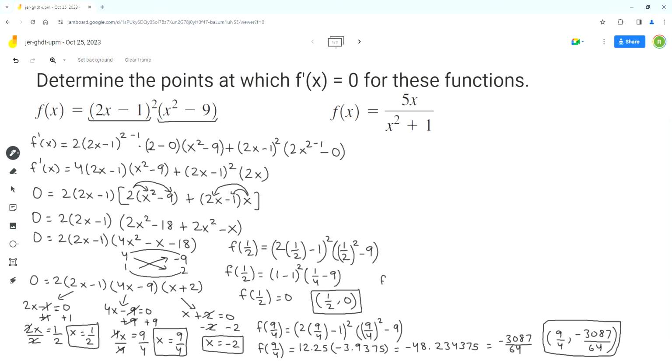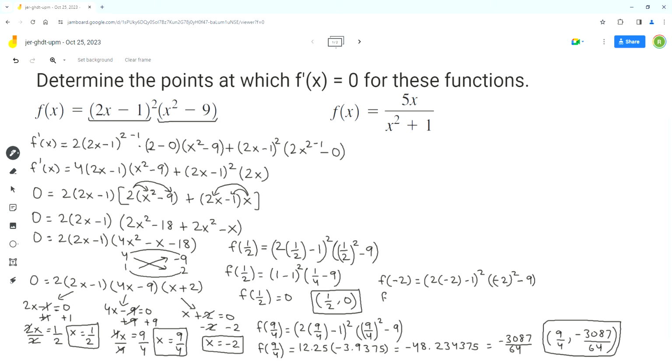So f at negative 2 equals negative 2 minus 1 squared times negative 2 squared minus 9.